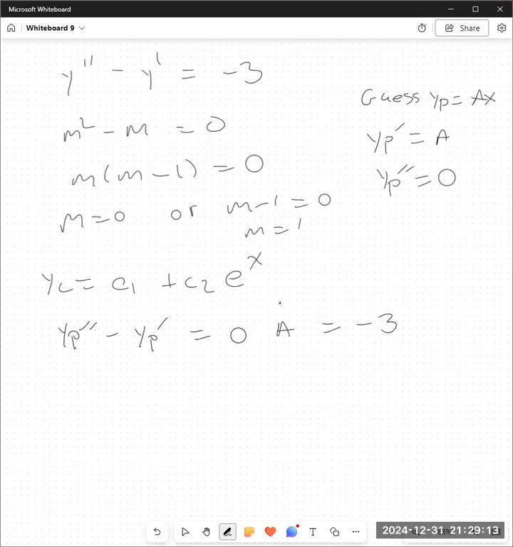Sorry, this is a minus sign. Minus a equals negative 3, so negative a equals negative 3, and a equals 3. If a is 3, then y, which is equal to yc plus yp, is equal to c1 plus c2 e to the x plus 3x.